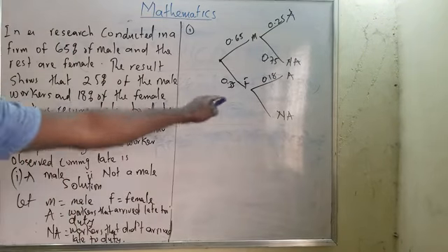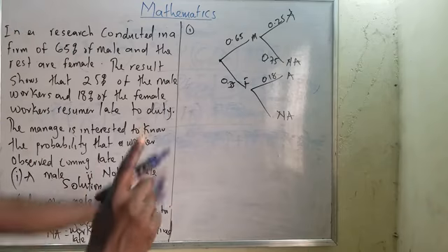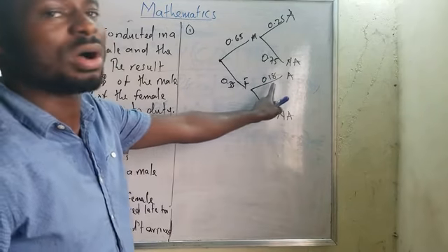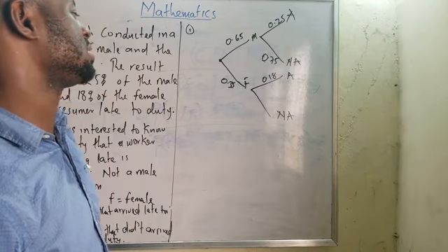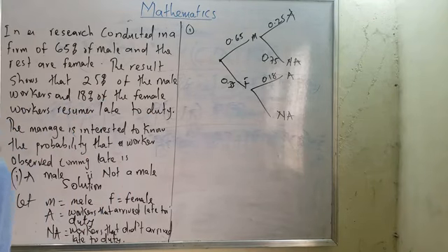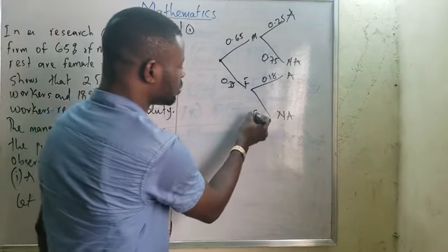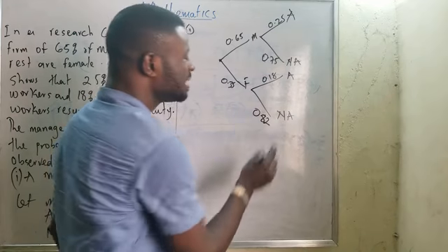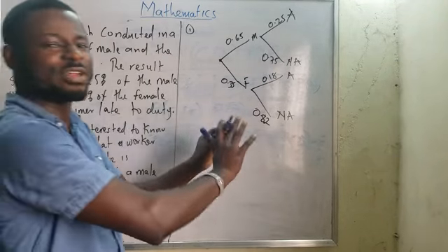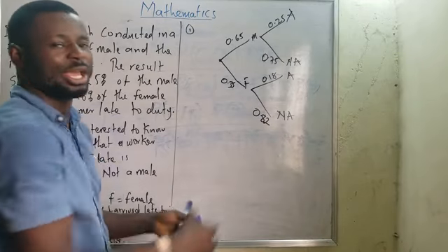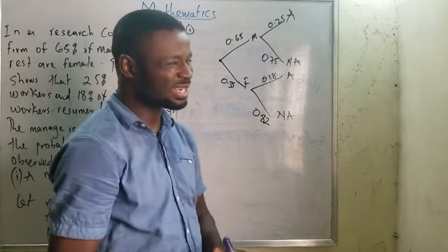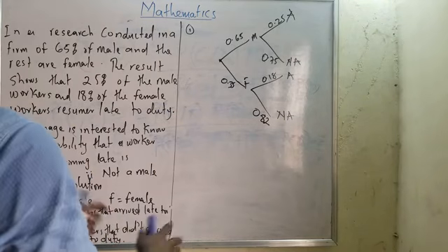Now, 0.18, it means I will subtract 18 from 100, which gives 82. Now, it means 82% will be 0.82. Please take note of this. Very, very important. Once you have this, your problem is partially solved, halfway solved.